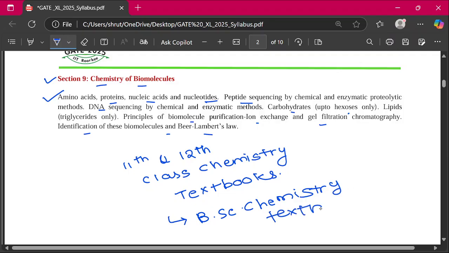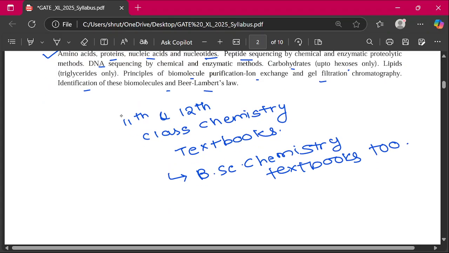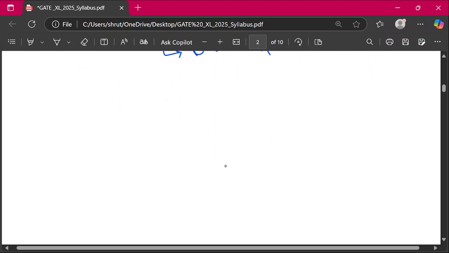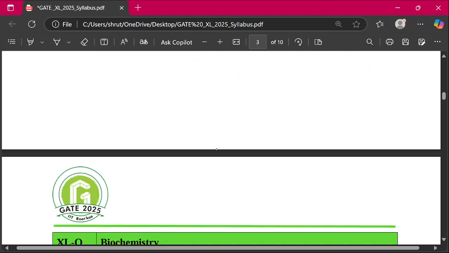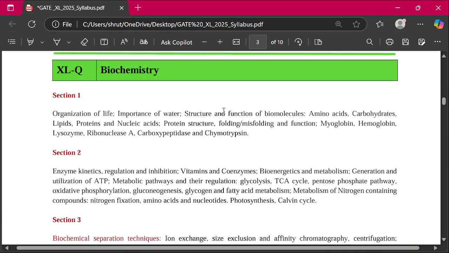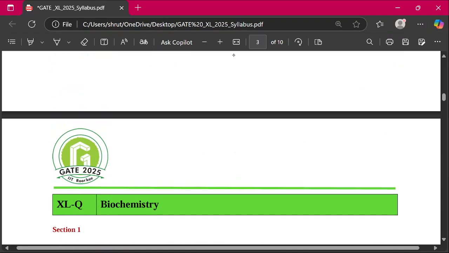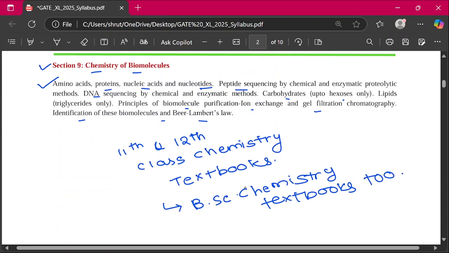Refer to these textbooks to score well in the above chemistry section. So up to this, that was all about the GATE XL chemistry syllabus.